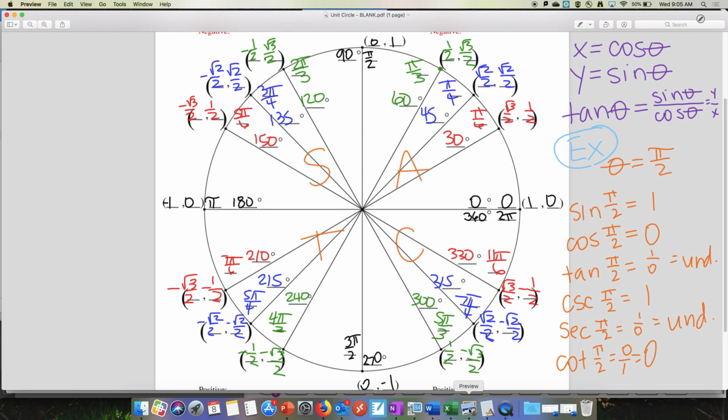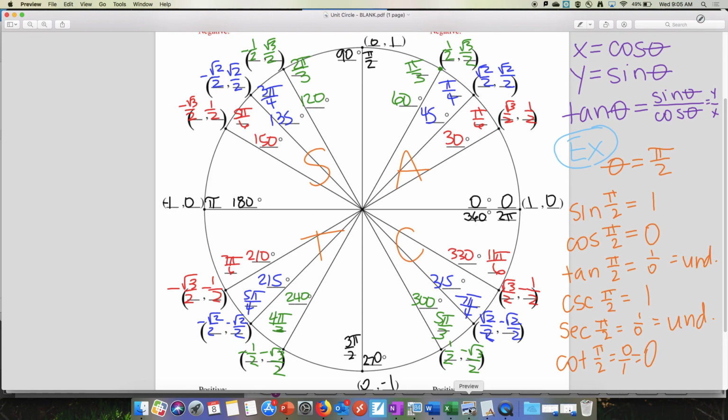In my opinion, I've been teaching the unit circle for years. If you can think about the first quadrant, then you can reflect it and get to anywhere you need to for any of the other angles.